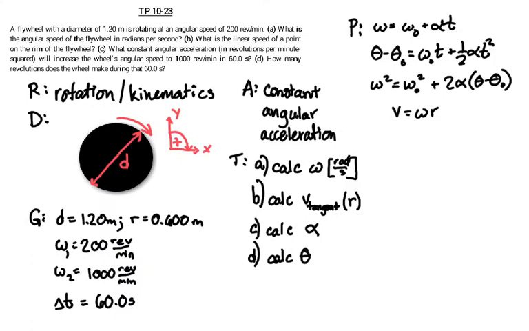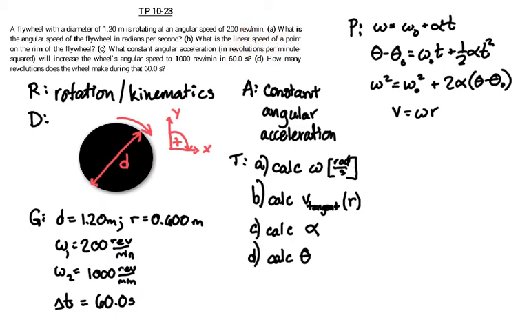Now I've added one link equation. It's right there on your PRC that connects the translational and the rotational. And so this V speed right here represents the tangential speed or the linear speed that we see in the problem.